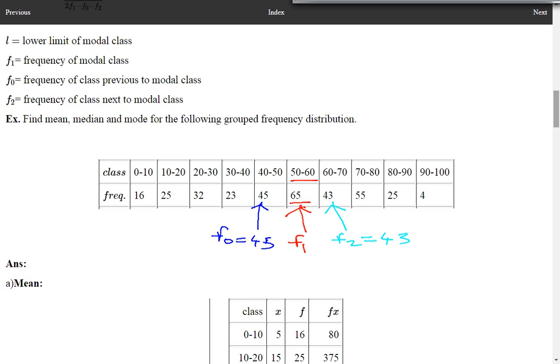So F1 is equal to 65, F2 is equal to 43 and F0 is equal to 45. This is the modal class. Then what is F0? Frequency of the pre-modal class. And what is F2? Frequency of the post-modal class. Okay.